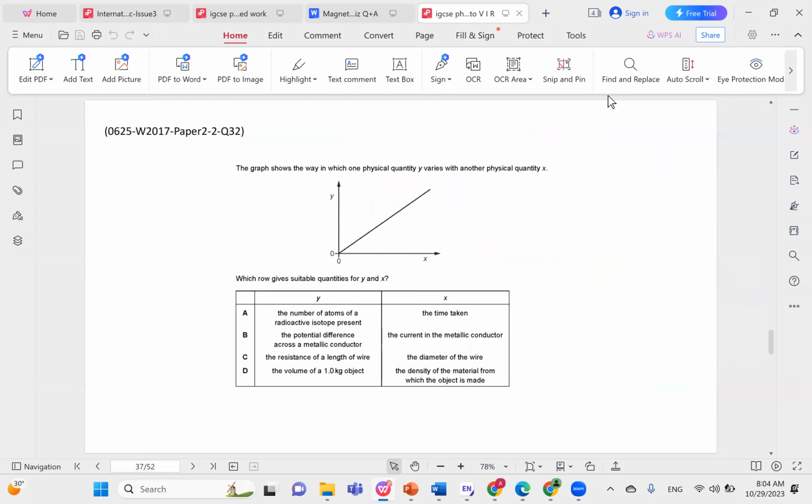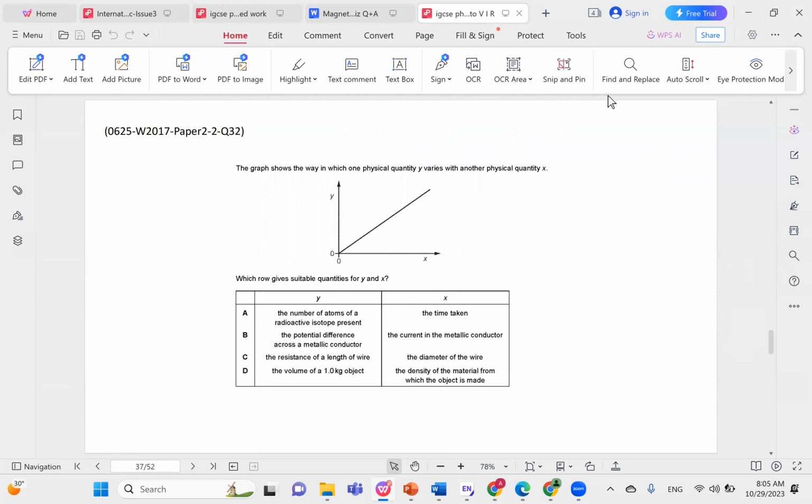The graph shows the way in which one physical quantity y varies with another physical quantity x. Which row gives suitable quantities for y and x? This question sort of combines various units of physics. In choice A, the number of atoms of a radioactive isotope has to do with nuclear physics, which we might not have studied yet. But anyway, it's wrong. B, potential difference across a metallic conductor and the current in the metallic conductor.